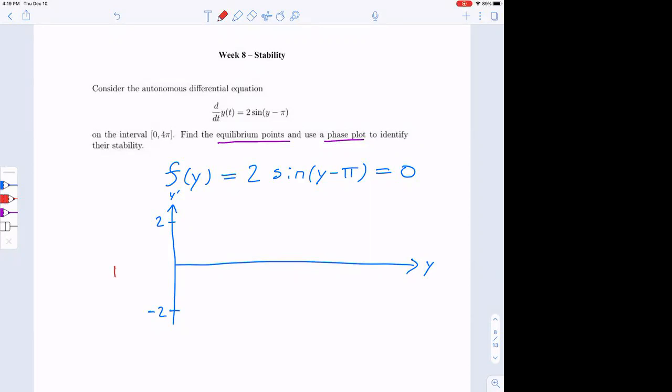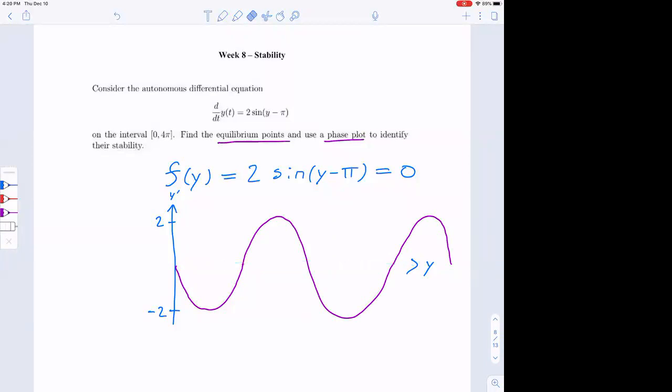So sine usually looks like this, but now it's been shifted to the right by pi units. I'm going to go ahead and do that shift. It's going to start with the bump on the bottom and then go up and down from there. And then we finally finish off after a full, kind of 2 cycles through its period.